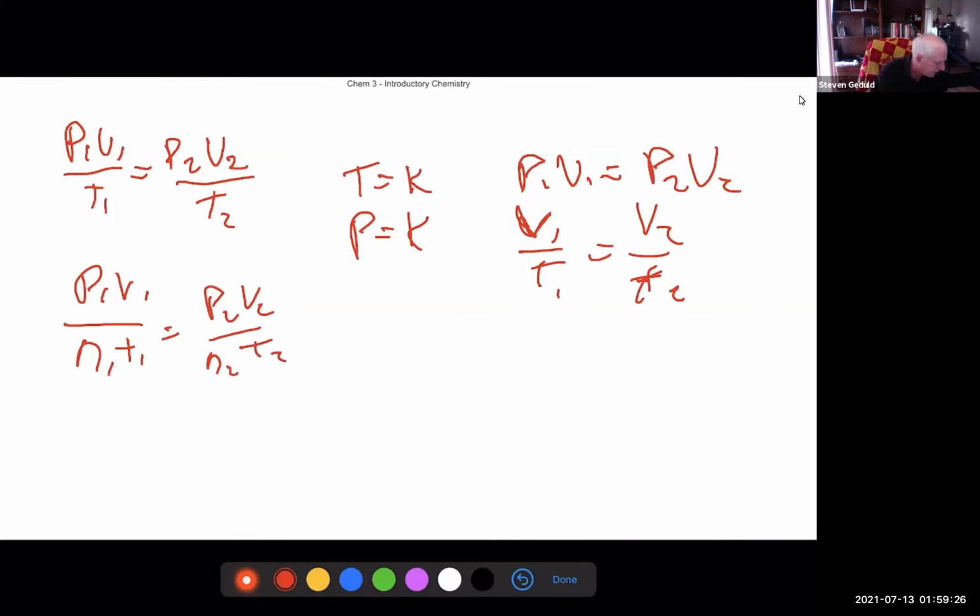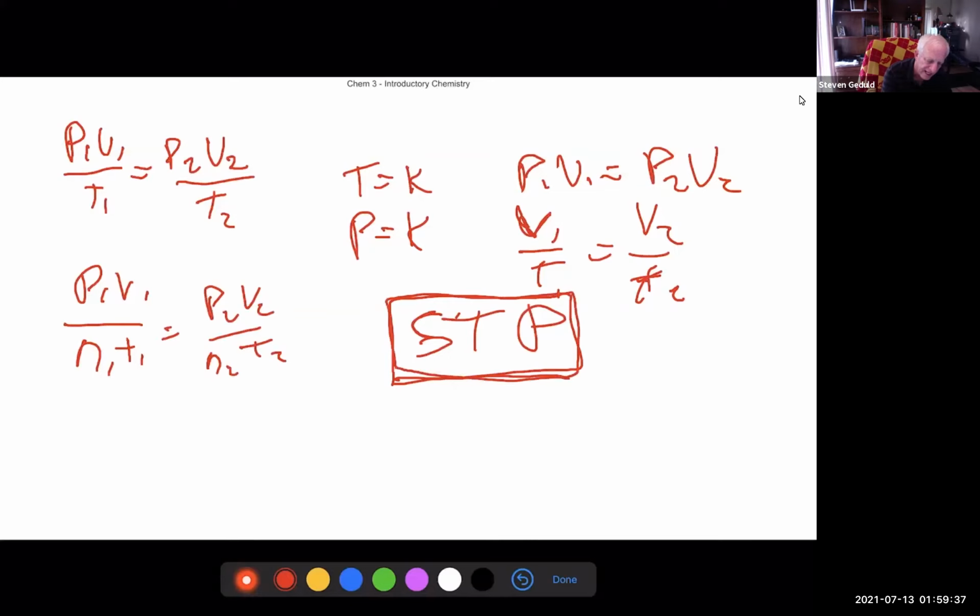Okay. We have something called STP conditions. STP is standard temperature and pressure. Doesn't stand for your gasoline additive STP. STP means your temperature is equal to 0 degrees centigrade, which is 273 Kelvin, and your pressure is equal to 1 atmosphere.